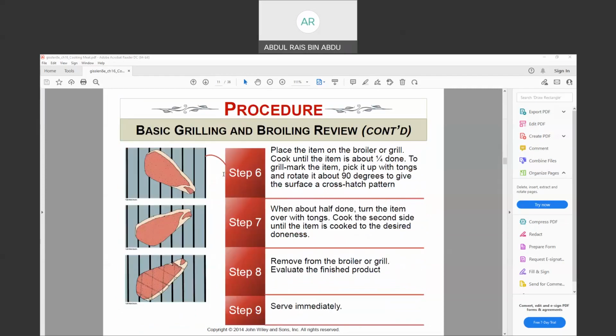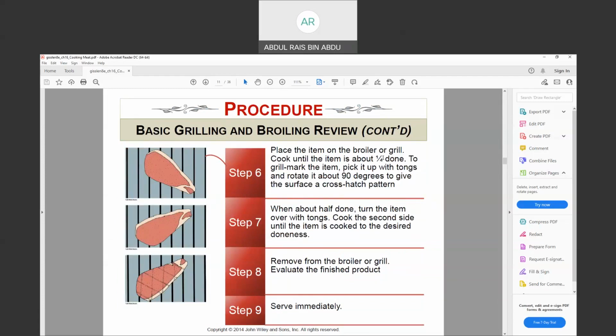Okay, I just want to stress here at the grilling or broiling stage, when you cook it on the griller, we cook until the item is quarter done, meaning we don't let one side cook 100% and only then turn the meat to cook the side that is not yet cooked.